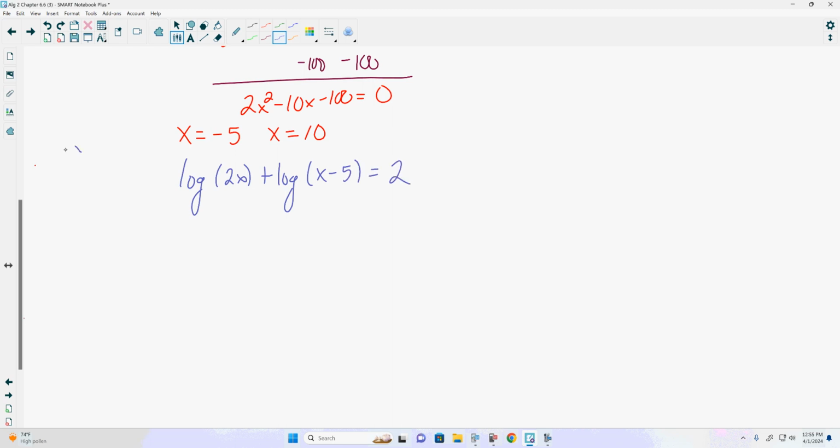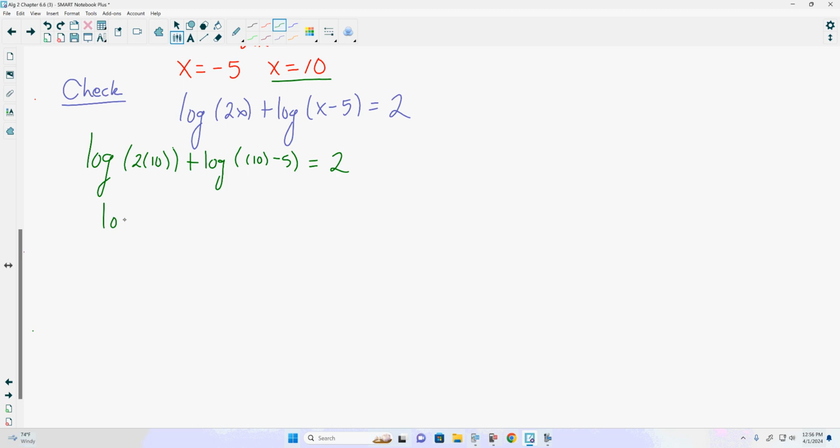Now for these here, especially when we have to use our product property or our quotient property, we do need to check our solutions, because what's inside either of these logs cannot be negative or 0. So what I'm going to start off with is 10. So we're saying log of 2 times 10 plus log of 10 minus 5 is equal to 2.